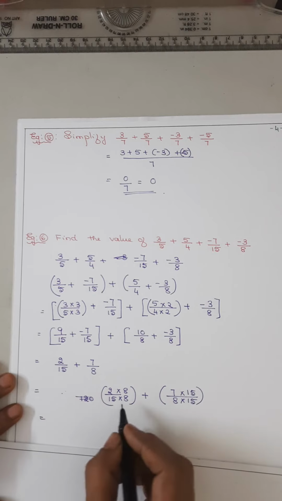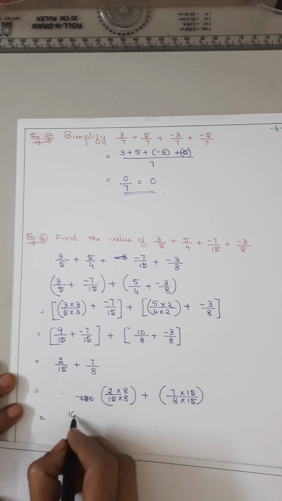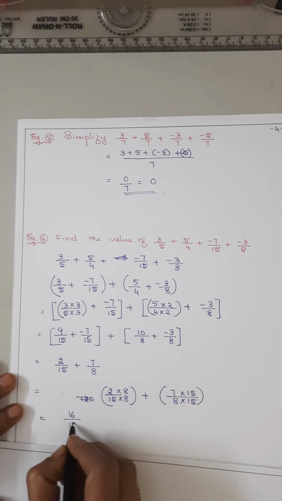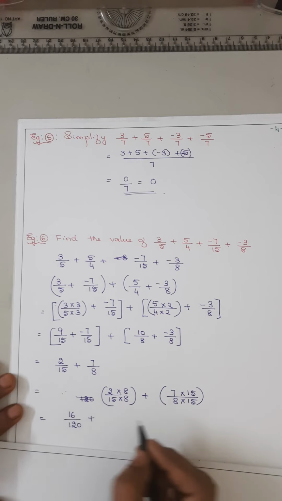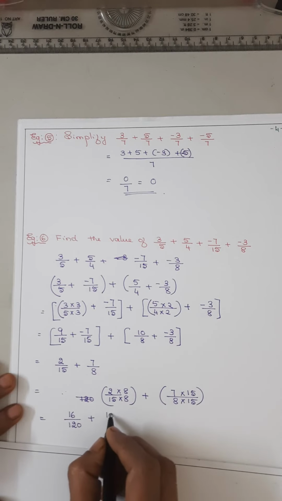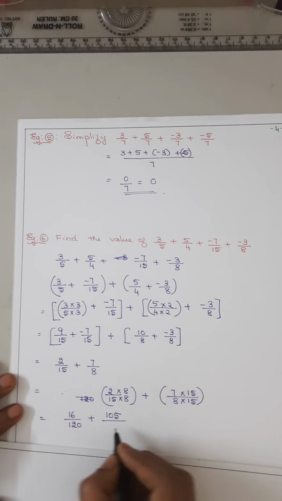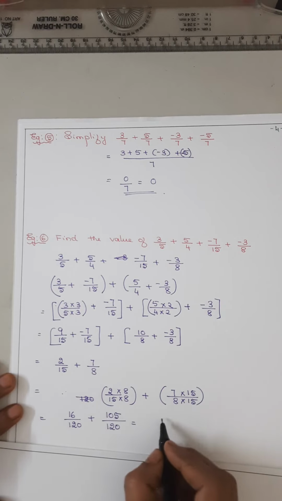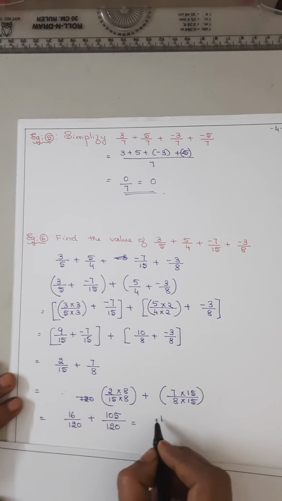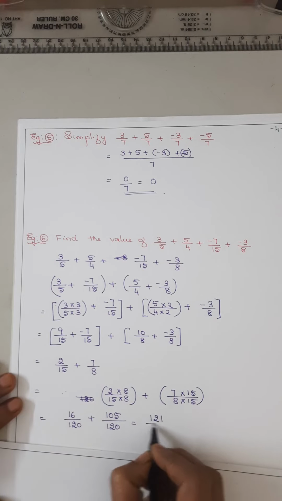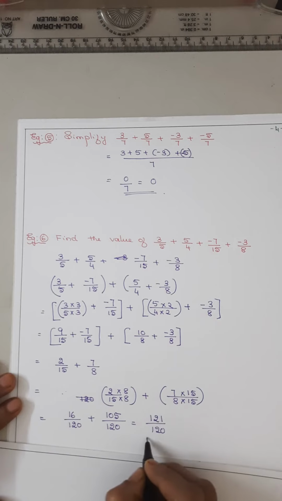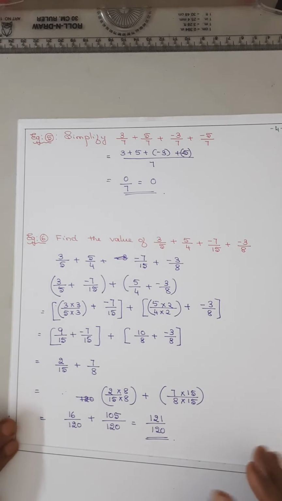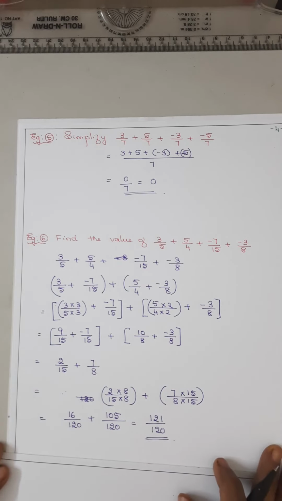So you will get 2 eights are 16, plus 15 sevens are 105, over 120. Add 5 plus 6 is 11, 1 plus 1 is 2, and 1 by 120. So you got the answer 121 by 120. Hope you understood.